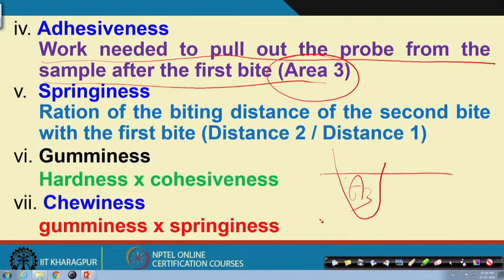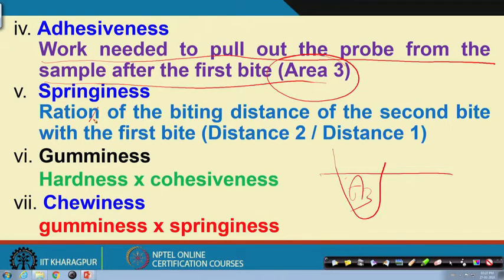Then comes springiness, the ratio of the biting distance of the second bite to the first bite, distance 2 by distance 1.